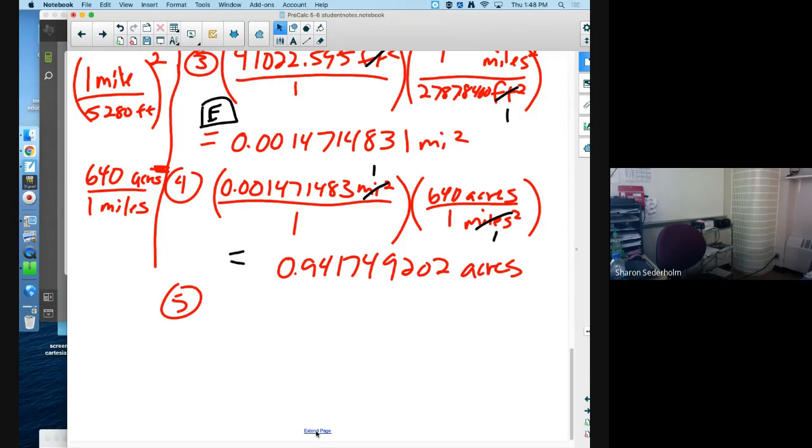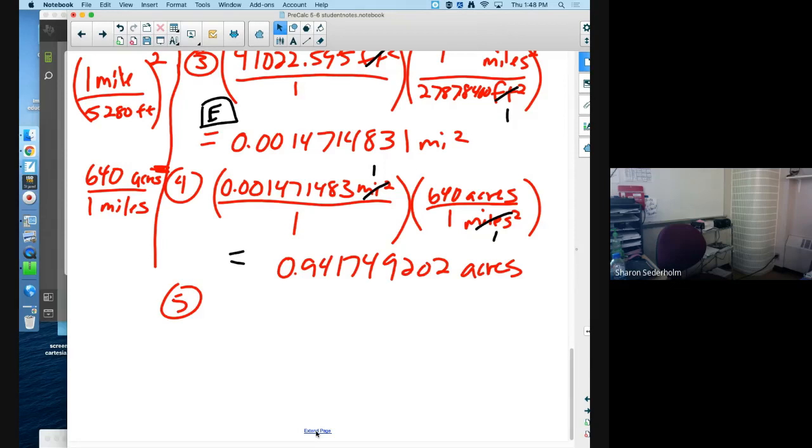It says, is there good reason to doubt the owner's estimate of the acreage of the lot? Well, yes. You're talking about 0.94 versus what they said for the acreage, which was a little more than an acre. So if the paces are actually 2.2 feet, you'd start to wonder, is this person trying to sell me swampland in Florida?